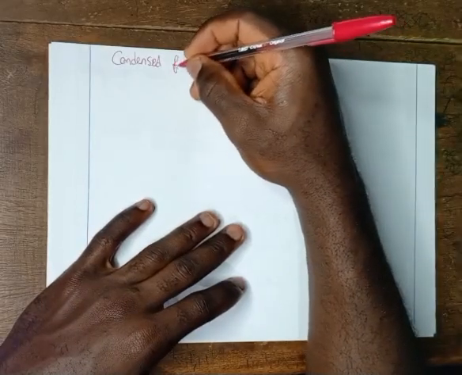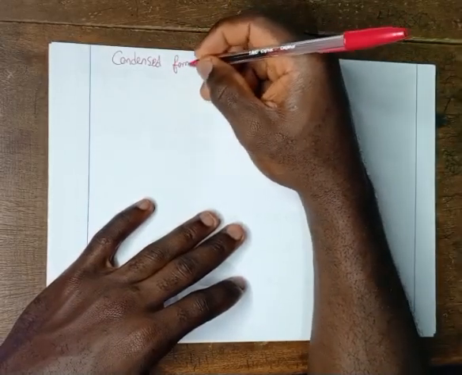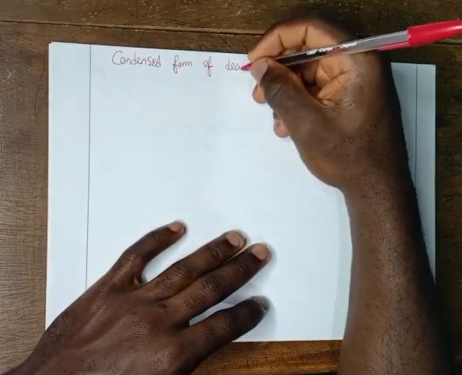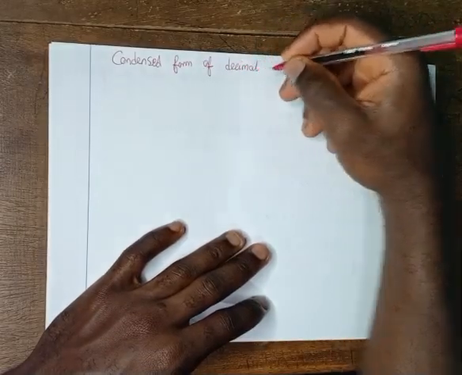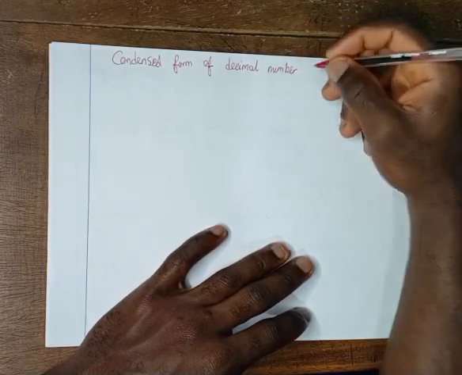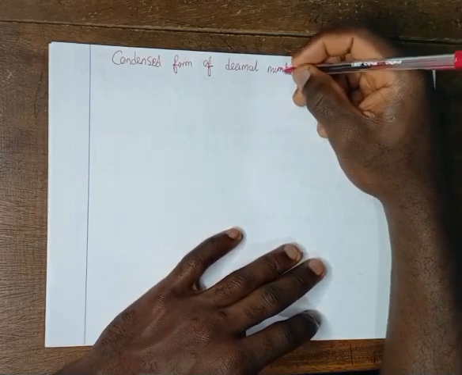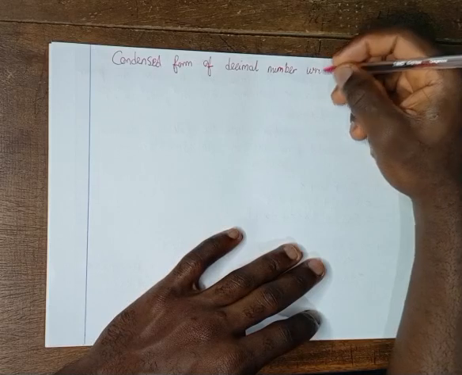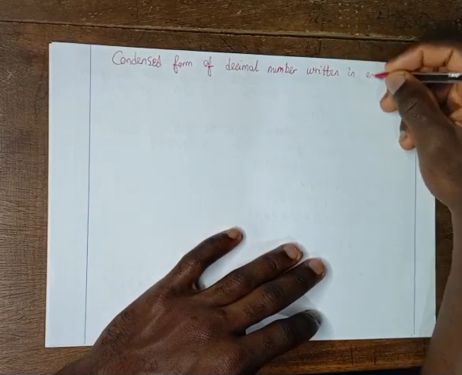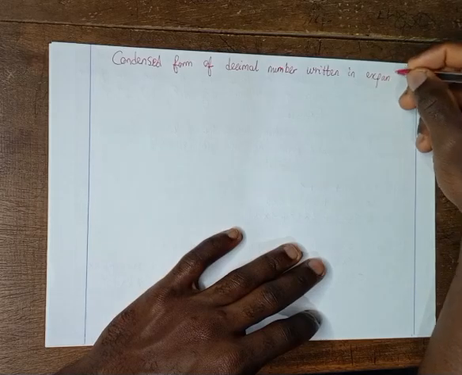Condensed form of decimals. Decimal numbers written in expanded form.